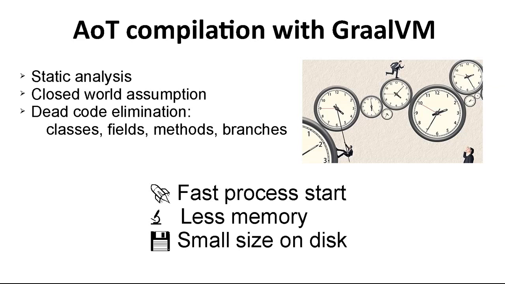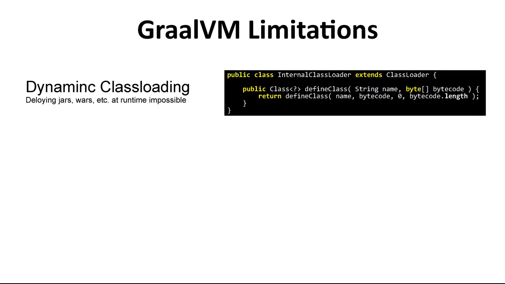So it assumes that it knows everything about the classes that will be used, and there will be no specific Java virtual machine tricks like dynamic class loading and reflection, because otherwise GraalVM is not able to resolve this Java trickery, this class loading, at compile time.